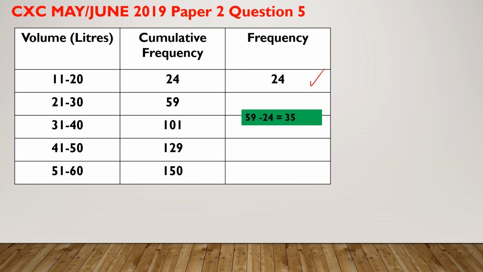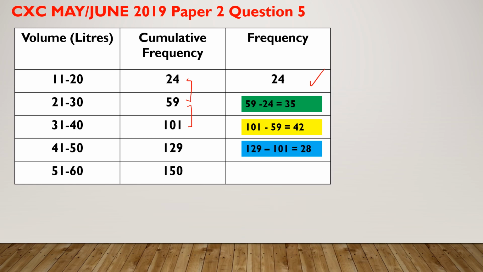Then the second would be take 24 from 59, that's going to give you 35. Then take 59 from 101, that's 42. Then take 101 from 129, that's 28. And then take 129 from 150, that's 21.